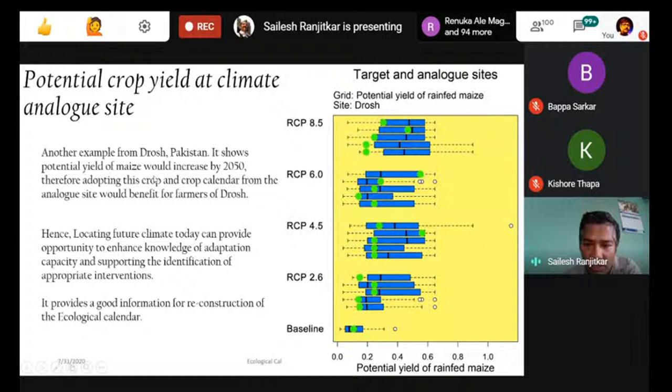That's why adopting this crop and the crop calendar from the analog site would be really beneficial for the farmers of Dros. Hence, locating future climate today can provide opportunity to enhance knowledge of adaptation capacity and support the identification of appropriate interventions. So it provides good information for reconstruction of the ecological calendar.